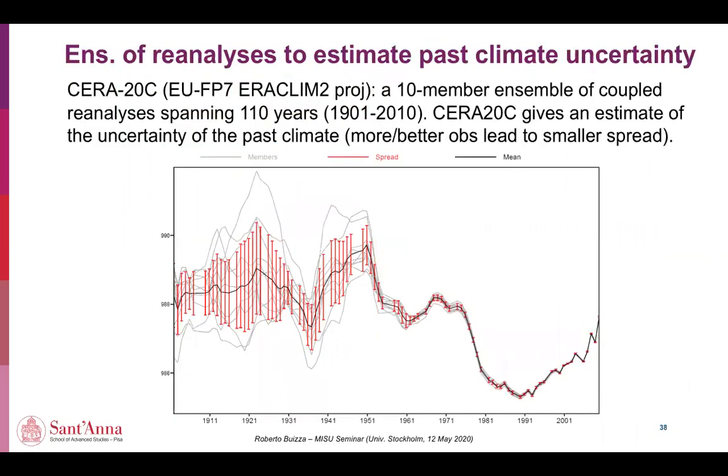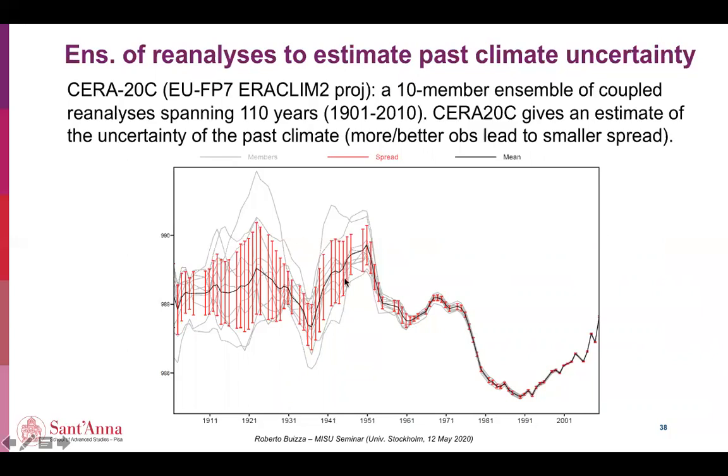Has it been valuable to have an ensemble of reanalyses instead of only one? Yes, very much so. Why has it been valuable? Because it has allowed us to estimate the uncertainty on our estimate of the state of a system in the past.